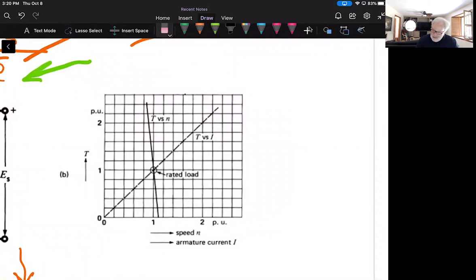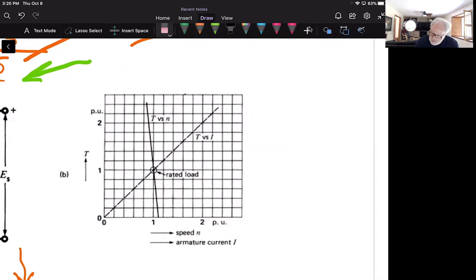A couple of things I'll point out to you as I make this a little easier to read. This is a curve that reflects the characteristics of a shunt motor, with the field in parallel with the armature. First off, notice this is in per units. When we first talked about per units, I was telling you how important that is, and how it's the standard when you're working with electrical machines.